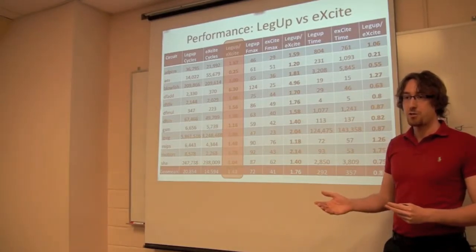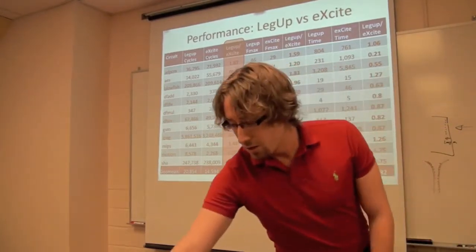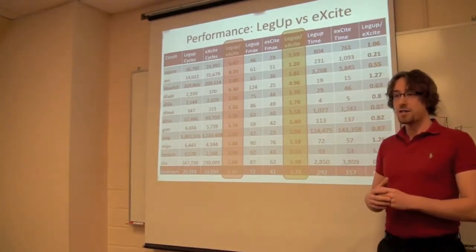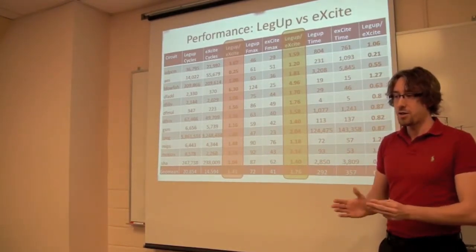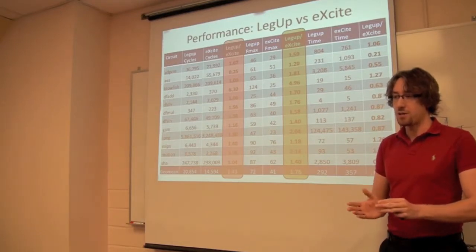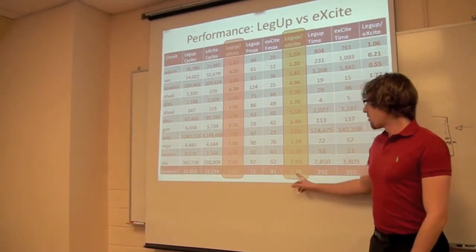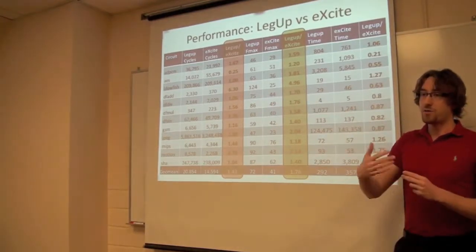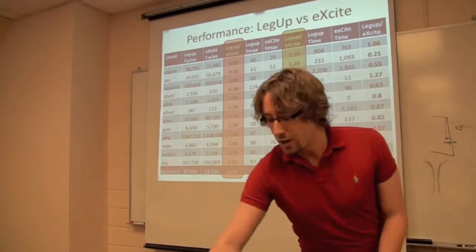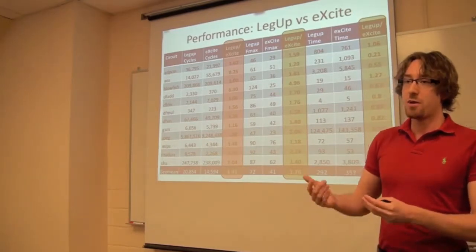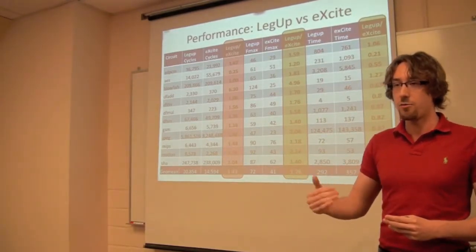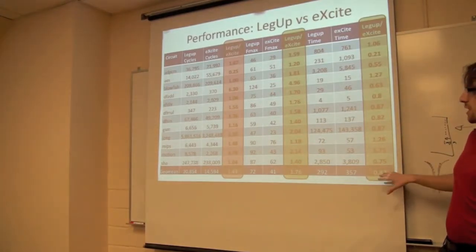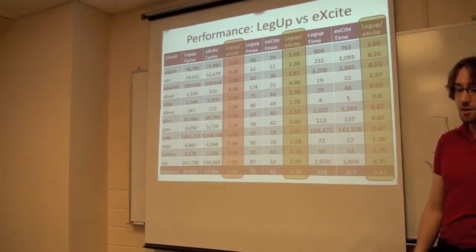But when you look at the Fmax results, our Fmax is generally higher than Excite, which means we pipelined our units a lot deeper. We didn't try to pack as much into a single cycle. For that same example of 6 times the number of cycles, our Fmax was 5 times higher. So when you take cycles and multiply it by 1 over the Fmax, you get the runtime for each benchmark, and that's shown right here. So we ended up 20% faster than Excite overall.